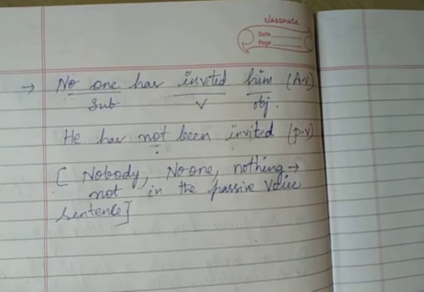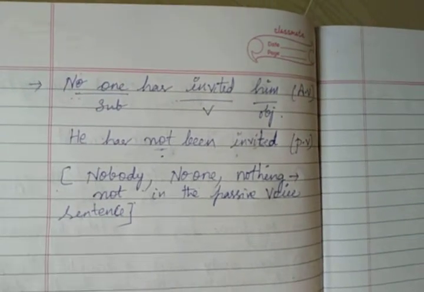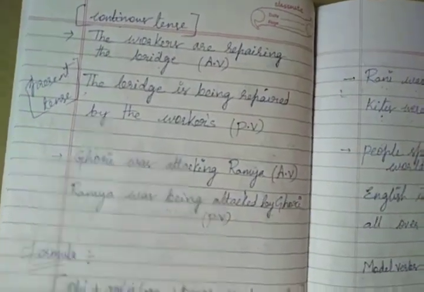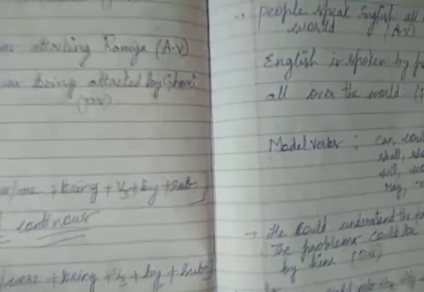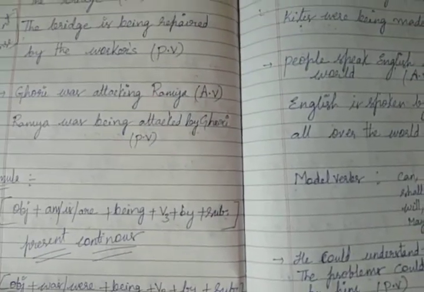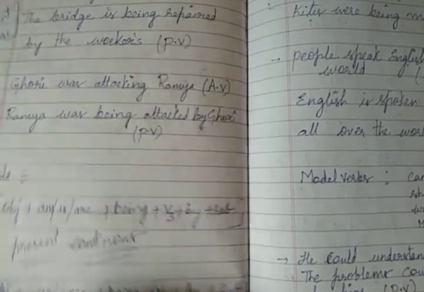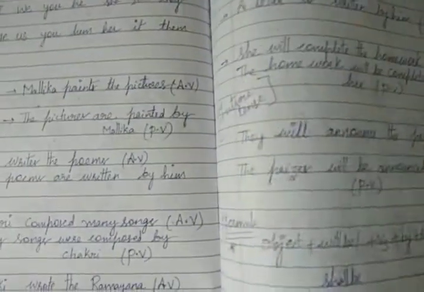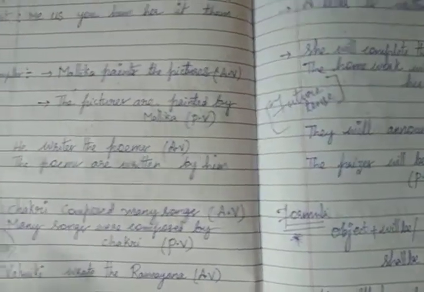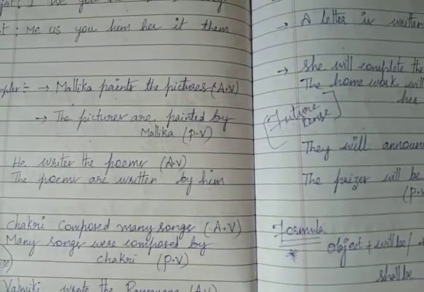Okay. In today's class, we came across three types of models. In the last sessions, I completed active and passive, the basic concept.